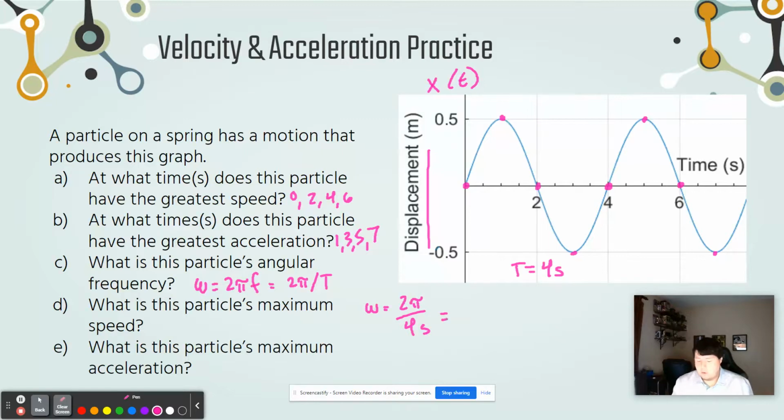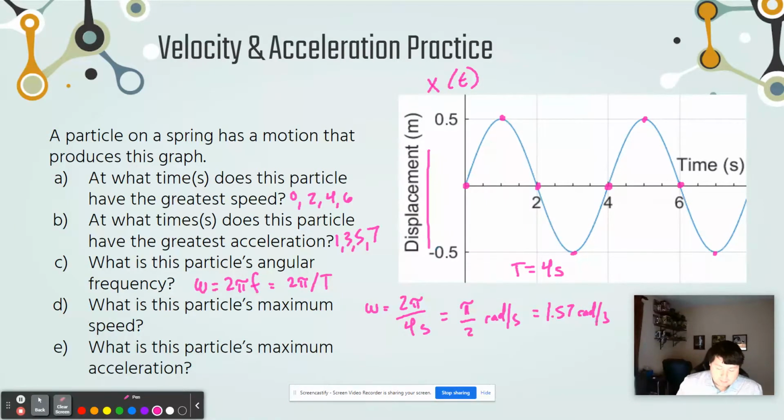I'm fine if you want to leave this as a multiple of pi, so that's pi over 2 radians per second. Or if you want to punch it in your calculator, it's about 1.57 radians per second.